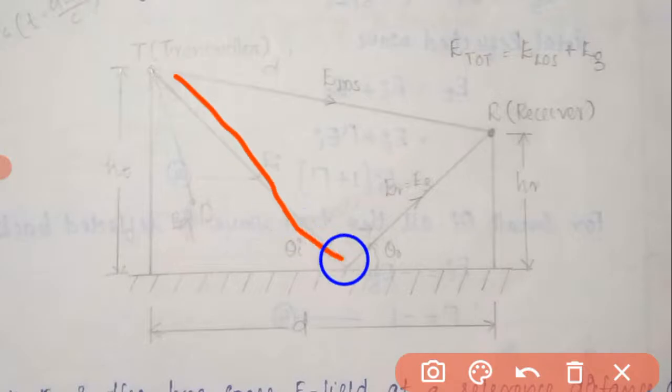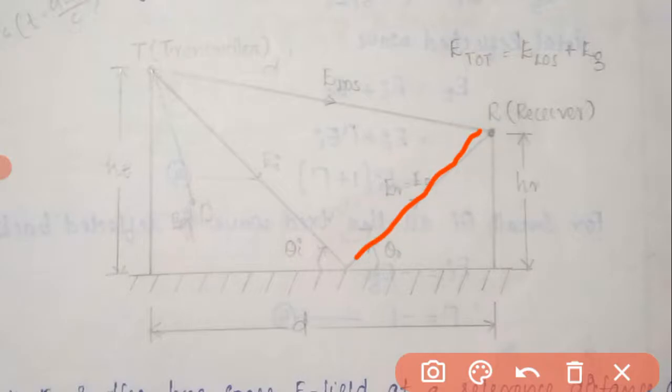After this, the wave incident to the ground we can write as EI. Then it is reflecting back to the receiver, that is ER, which is equal to EG. Here the angle of incidence is theta I, and the angle of reflection is theta naught. The separation distance between both the antennas is denoted as D. Here we are taking a reference point E naught.